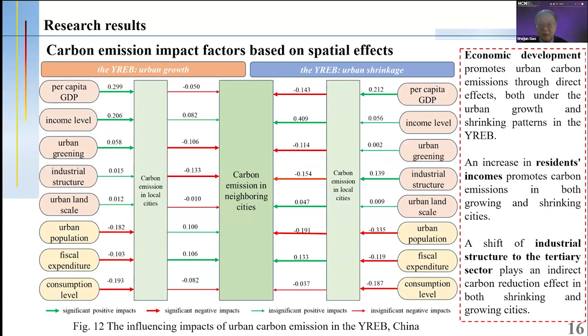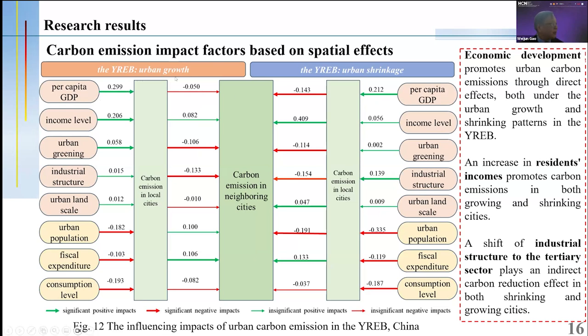Then we put in many factors based on the spatial effects. We quantify the effect of different factors on carbon emission in the local and the neighbor city, and find some similarity and difference between the samples of China and Japan cities.